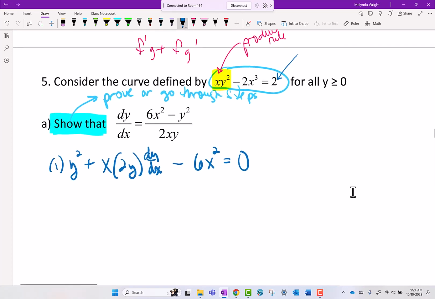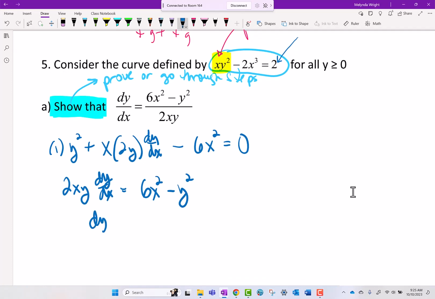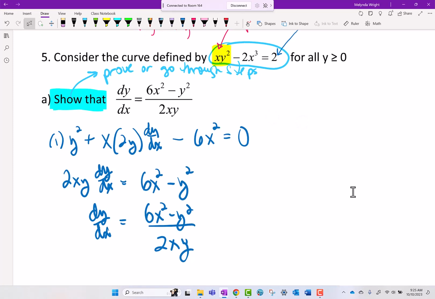All right, great. So now we're going to get dy/dx on one side. I like it where it is, let's just leave it there. So 2xy dy/dx equals, so I'm going to move the 6x squared over and the y squared over. Then we divide both sides by 2xy, and we verify that this is the same as this.